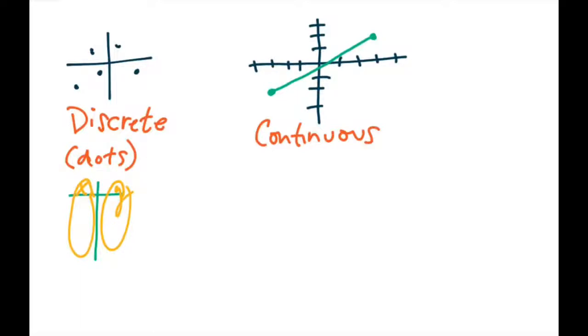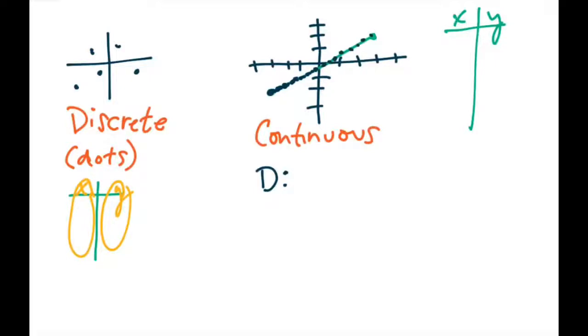So if I asked you to find the domain of this graph, you are not going to make a table of every single x value between this point and this point, because this is a point, this is a point, this is a point. Every single spot on that line is considered a point.